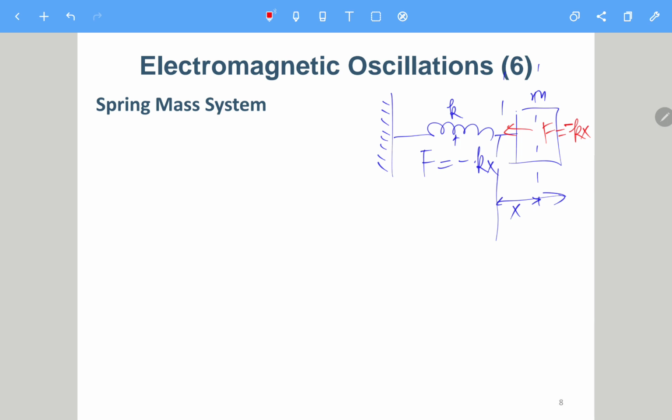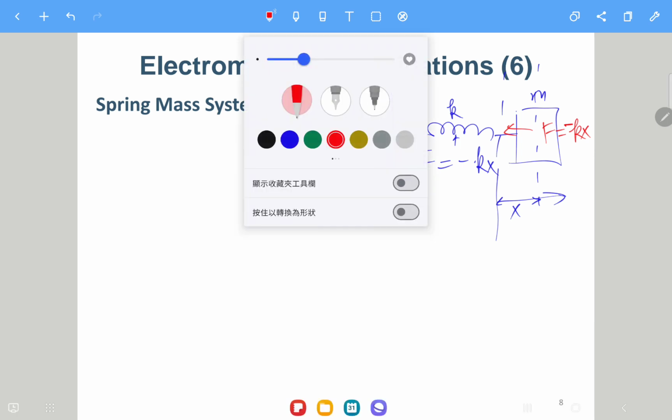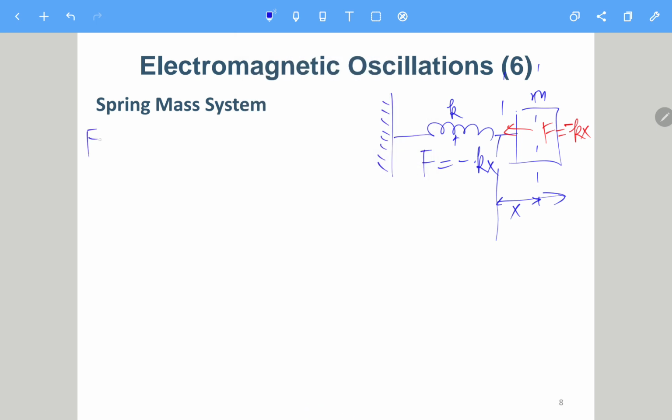So according to Newton's second law of motion, F equals negative kx equals ma, of course. F equals ma is Newton's second law of motion, the form we learned in high school. Actually the acceleration is the second derivative of the displacement.